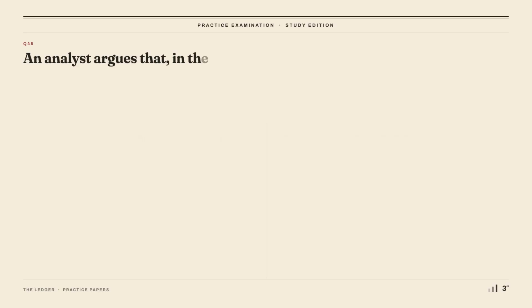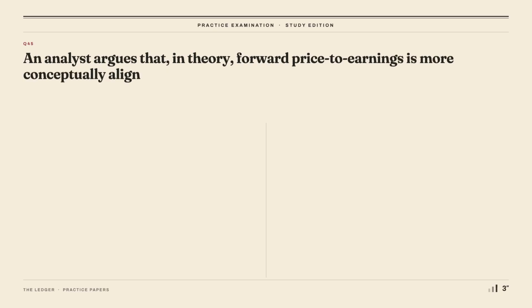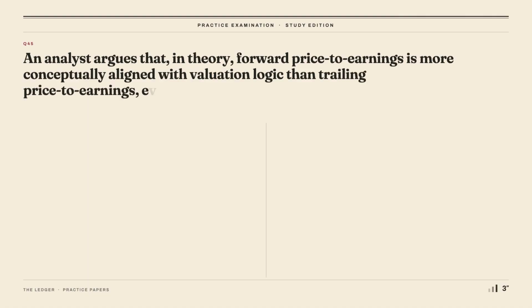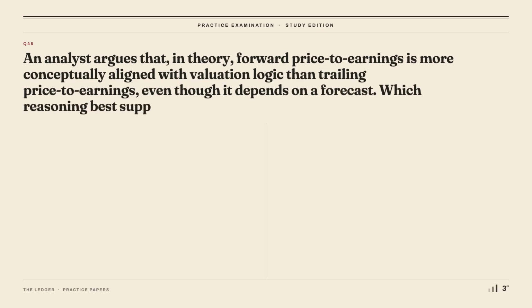Question 45. An analyst argues that, in theory, forward price to earnings is more conceptually aligned with valuation logic than trailing price to earnings, even though it depends on a forecast. Which reasoning best supports that view? Your options are A. Forward PE is always a smaller number than trailing PE.